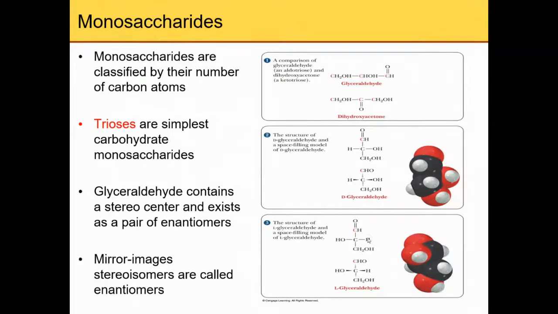Like these two here: on the top is D-glyceraldehyde, and on the bottom is L-glyceraldehyde. Later on, the next few slides will explain the right and left.